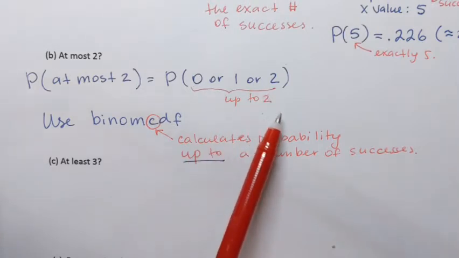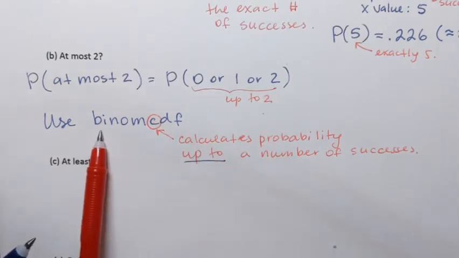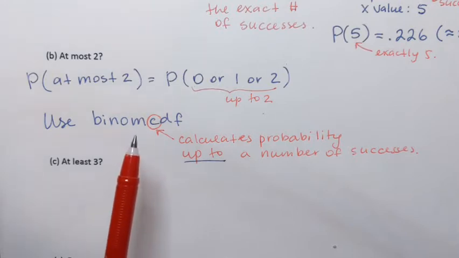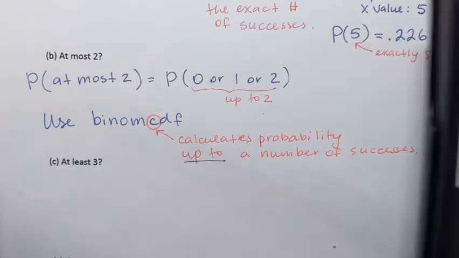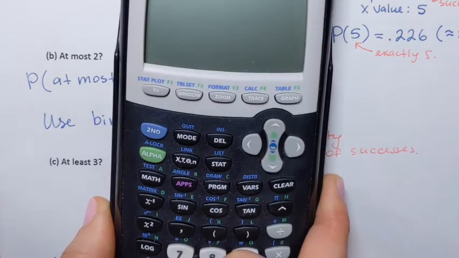We need to do it up to 2. And as we use this function Binomcdf, we just have to use it once. We don't have to add anything. It will do all the work for us. So let's go back to the calculator.